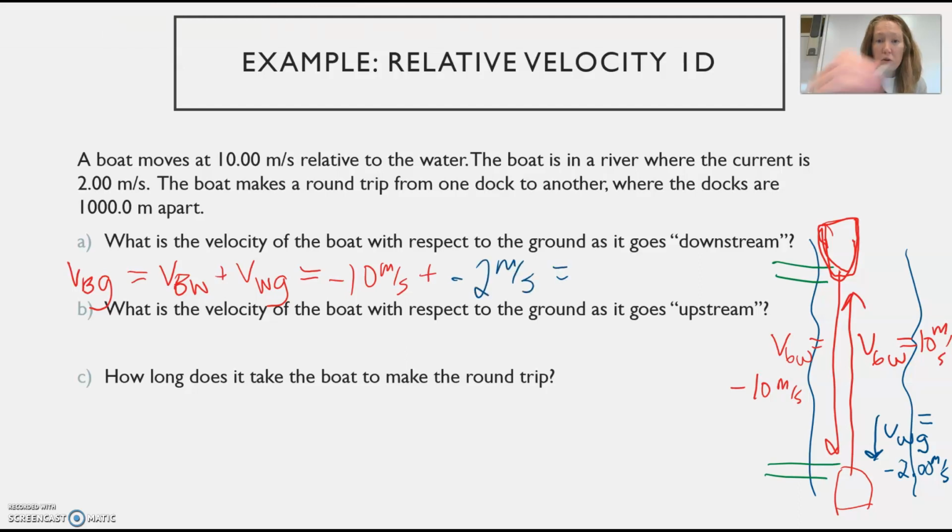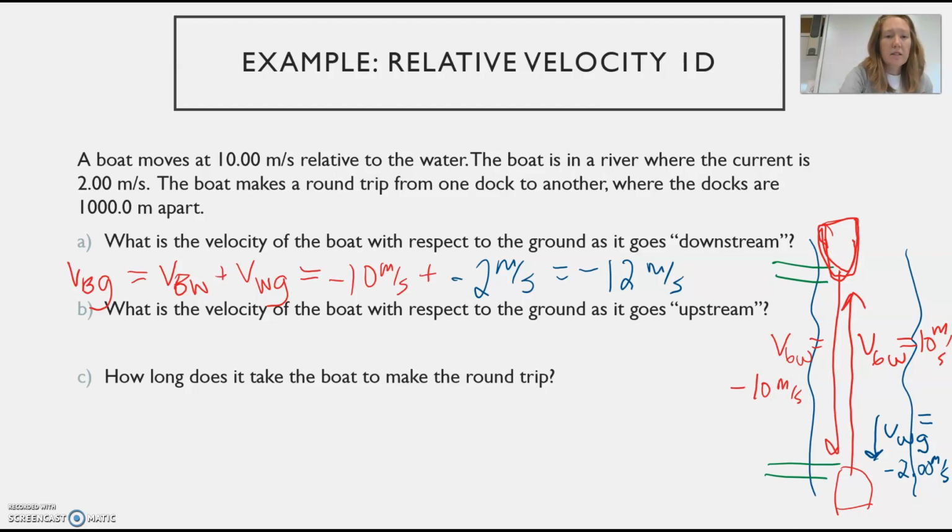So the boat with respect to the ground, if you're standing on the side watching this boat go by, you're going to see it go south or whatever at 12 meters per second. That makes sense.